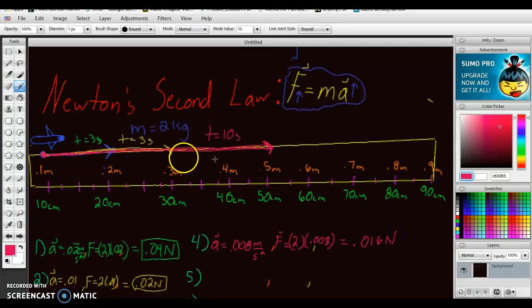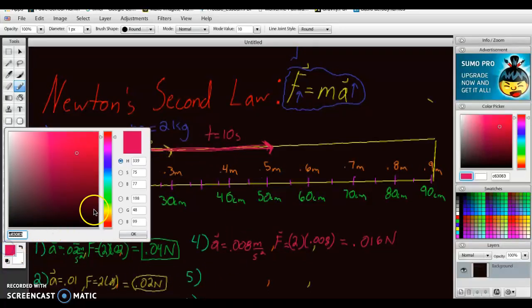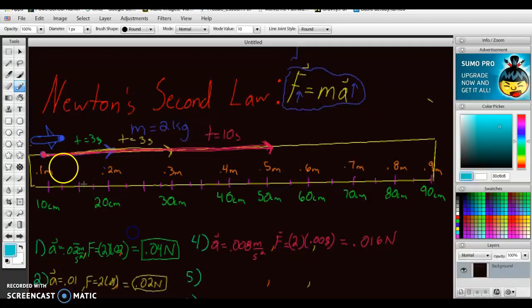All right, and let's do one more. We're going to go from 0.1 meters all the way to 0.9 meters, and let's say it does that in 15 seconds.